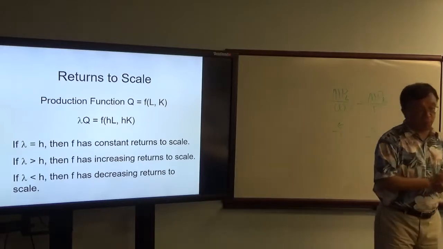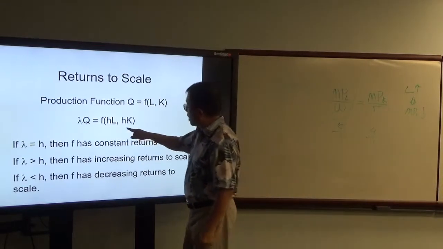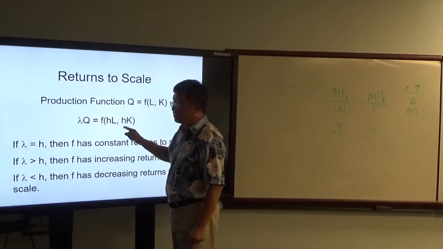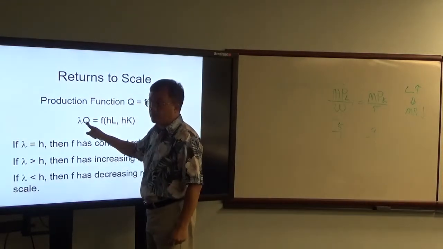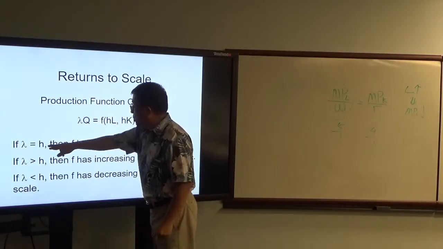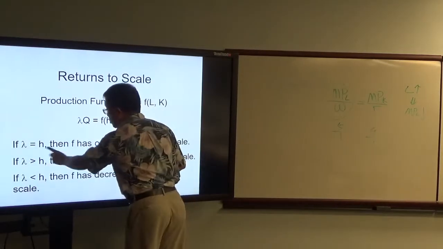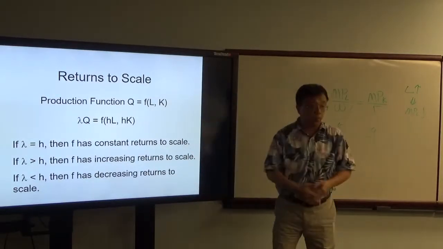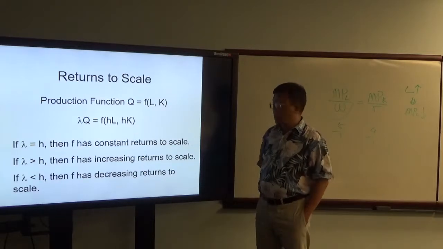What happens to the output? Let's say I increase labor by a factor of lambda, and capital by a factor of lambda. What happens to the output level? If the output level also doubles, for example, lambda is 2, that means doubling the inputs doubles the output. Then this is called constant returns to scale.